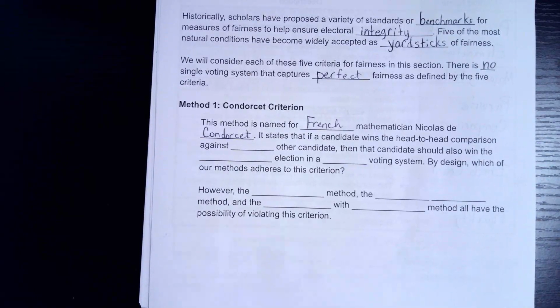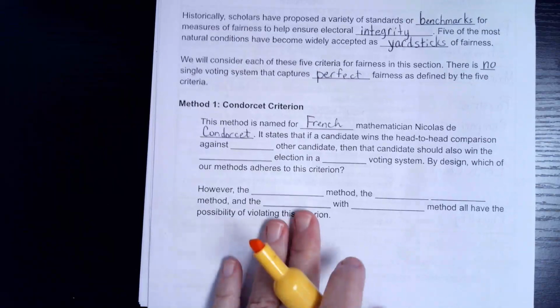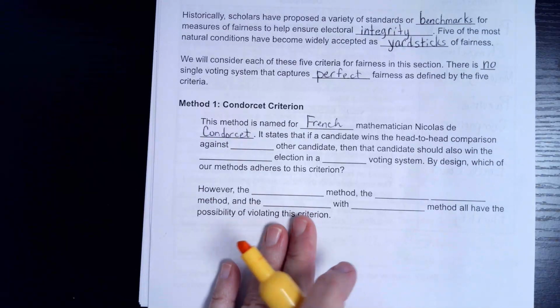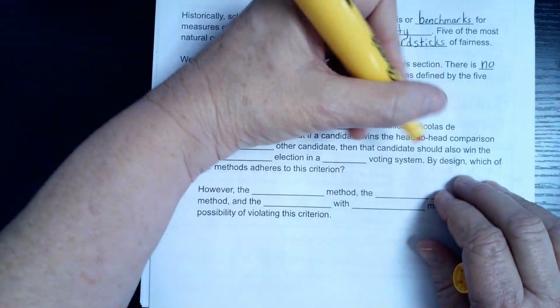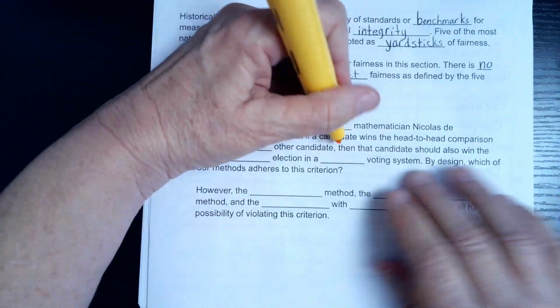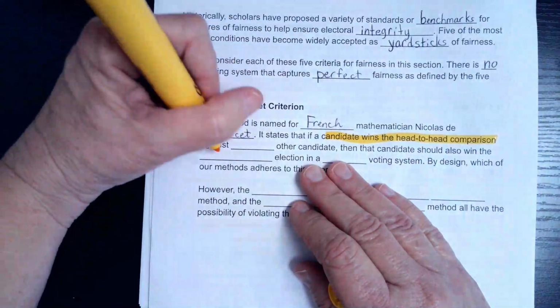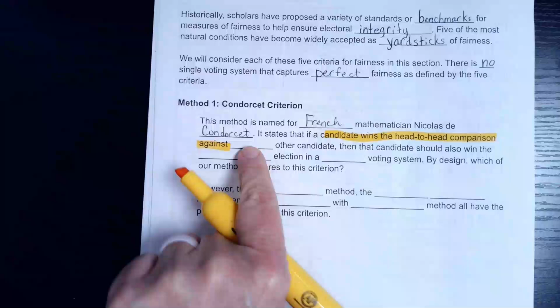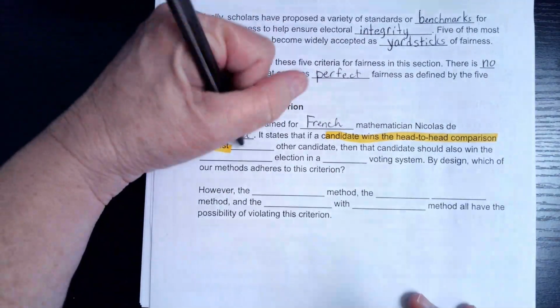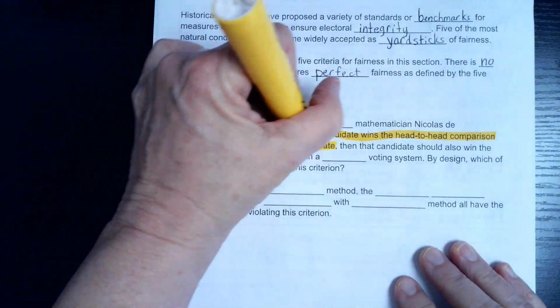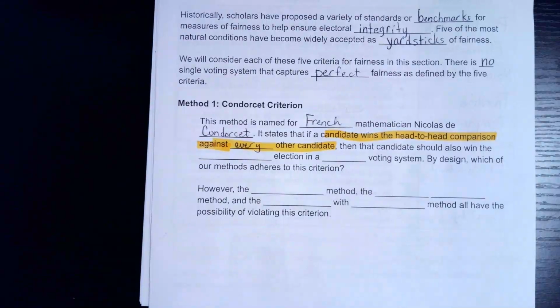Here is Condorcet's criterion, and you might want to highlight a couple of things because it's really important. It says, if a candidate wins a head-to-head comparison against every other candidate, do we have a method that would check head to head? Pairwise.